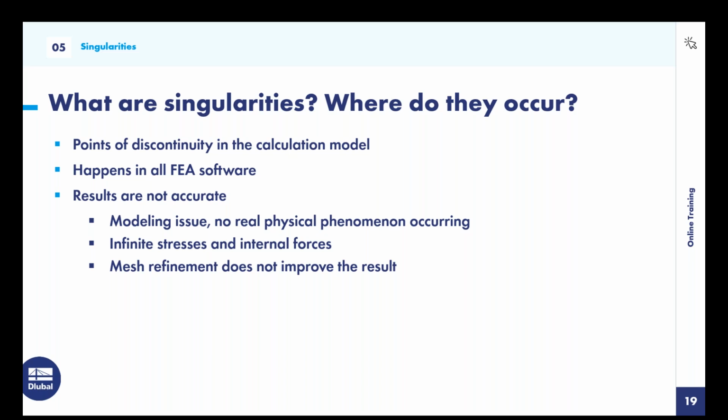And singularities occur in FEA software when the loading or forces are all applied to only one single finite element node. And so the typical singularity locations are usually point and line loads and supports.